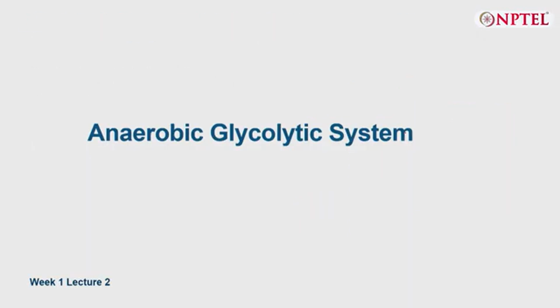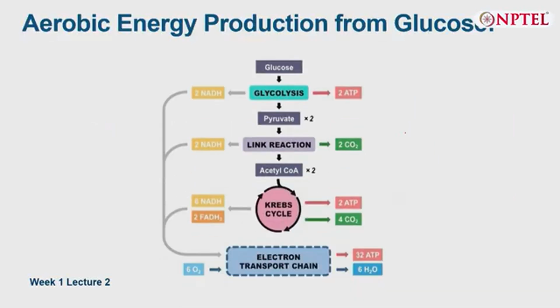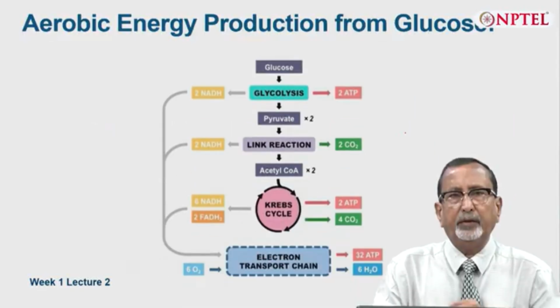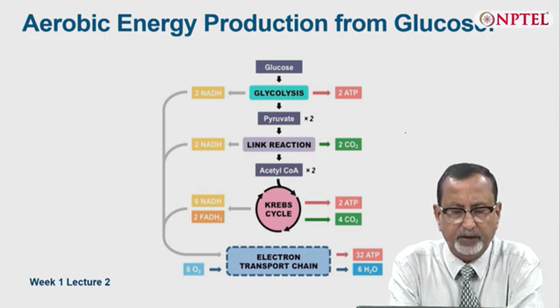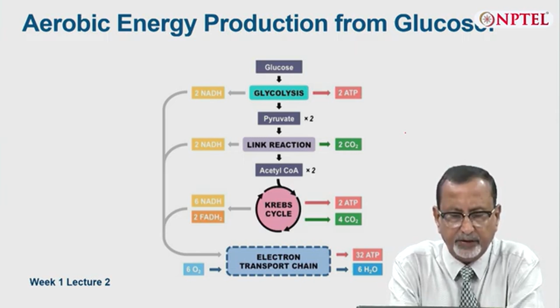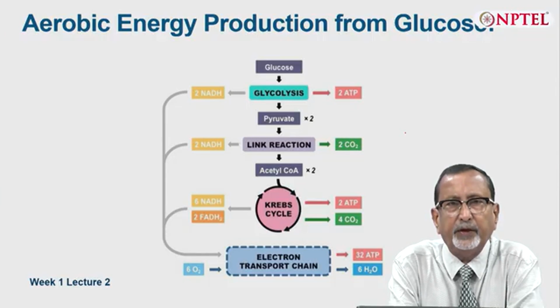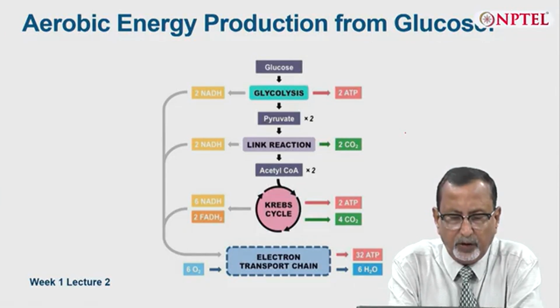Now, the anaerobic glycolytic system: here you can see the glucose broken down through glycolysis, and the net gain is 2 molecules of ATP, as I already talked about.